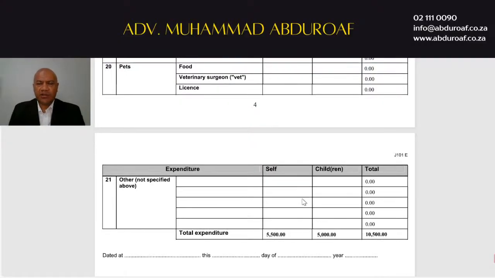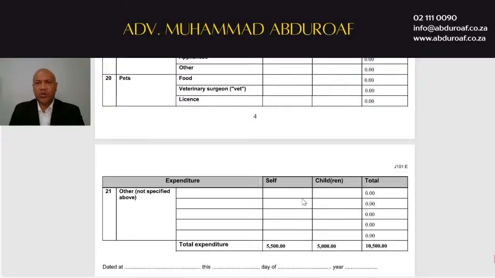If there are expenses which you are not incurring but which you wish to incur and you are including it in this form, make a note next to it and say not incurring, however require. In that specific manner, the court and the other side will know that you require those expenses but you're not paying for them because you are completing this form in affidavit format.